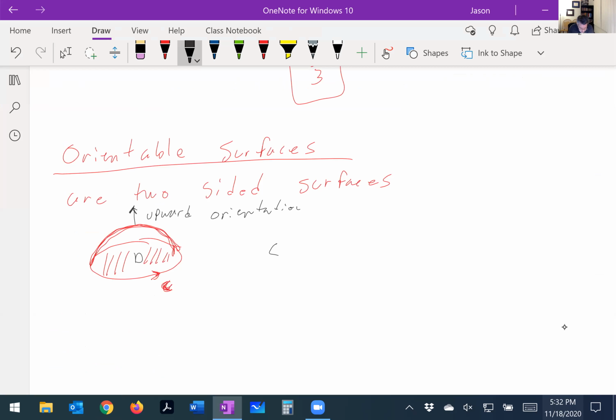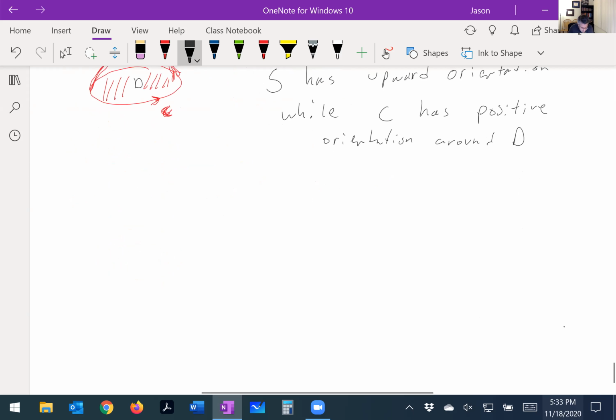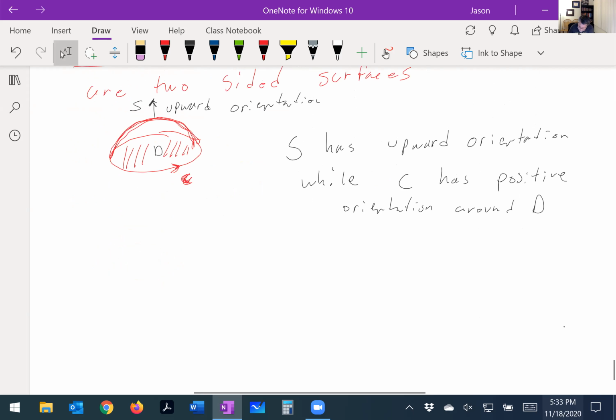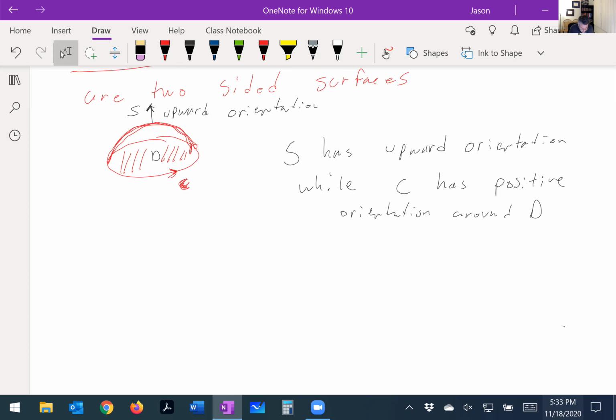Okay, so we say that S has upward orientation, while C has positive orientation around D. Okay, so it's a positively oriented surface.